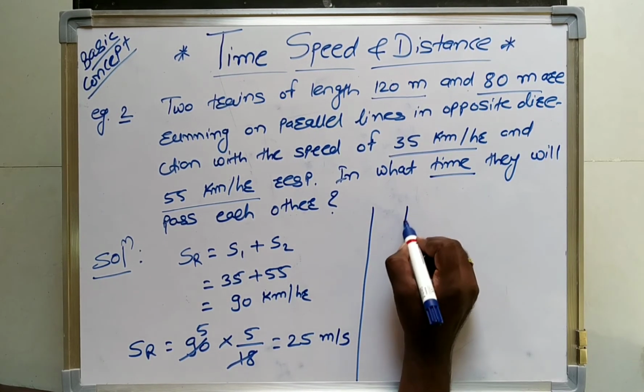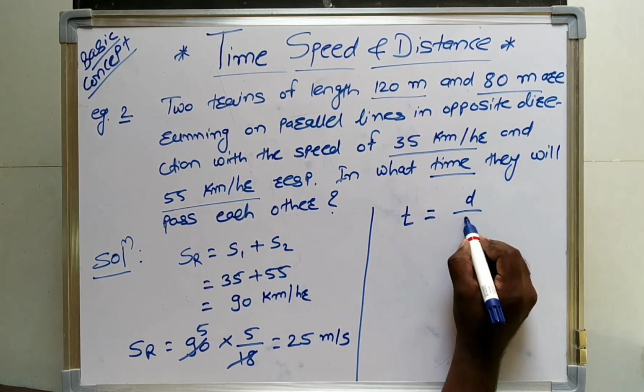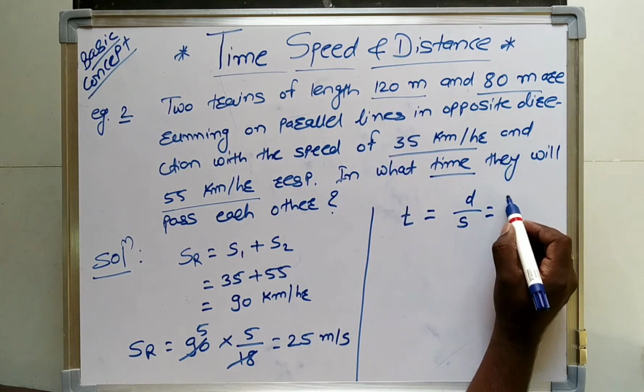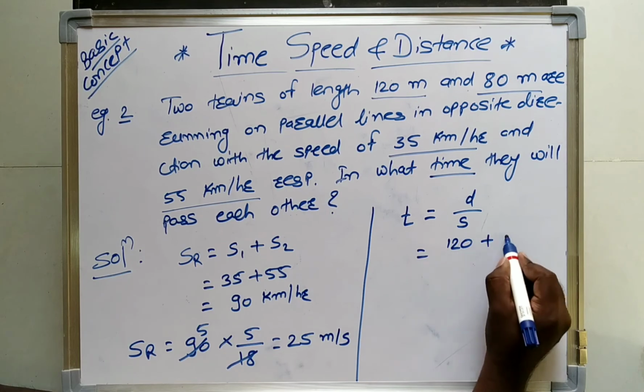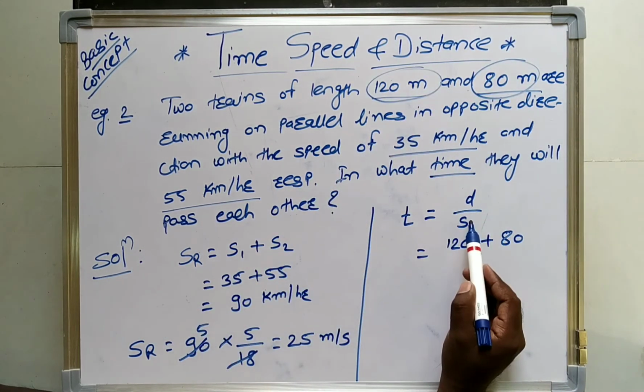Now the time. What is the formula for time? Time is equal to distance upon speed. The distance is the length of first train, 120, and the length of second train, 80.